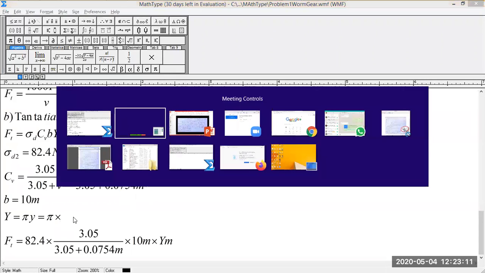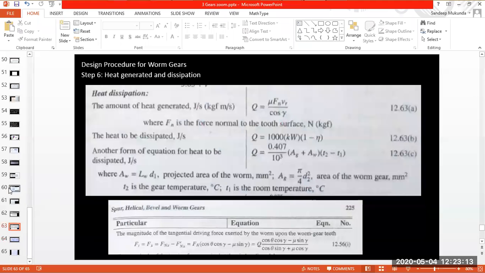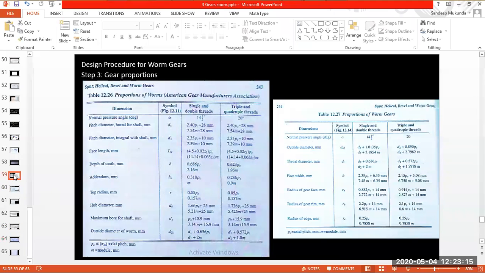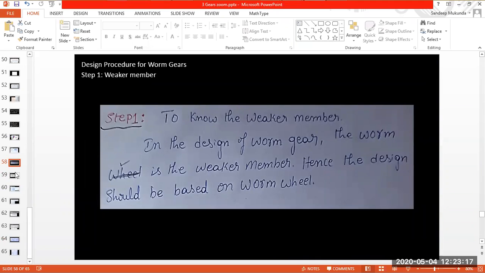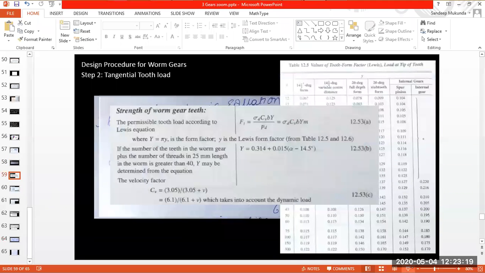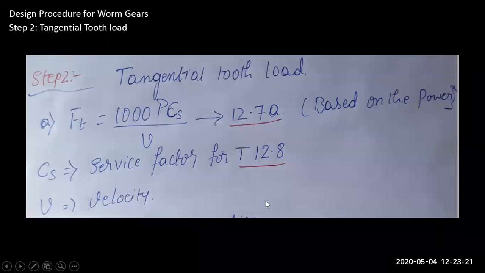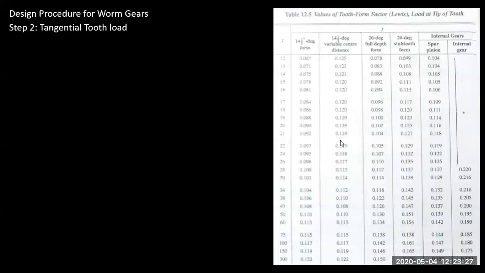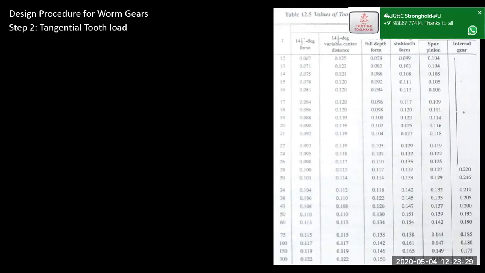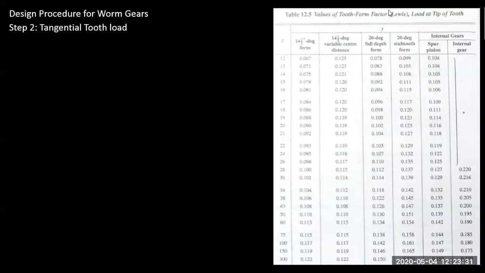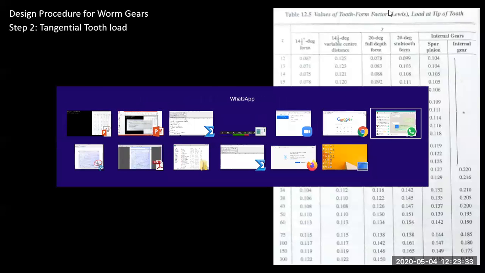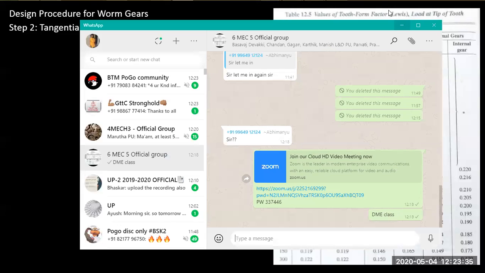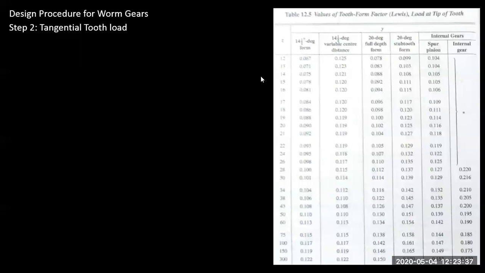Let's go back to the PPT here. The value of y we can extract from this thing here. So y we can extract from here.